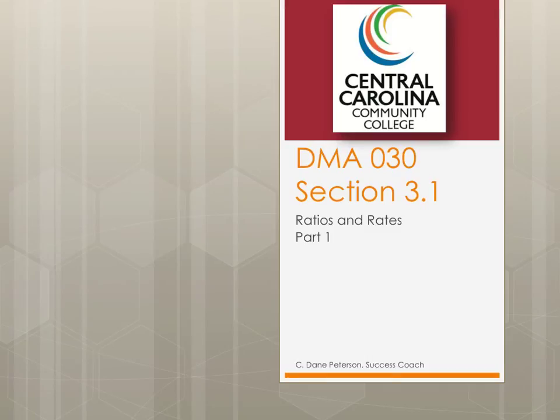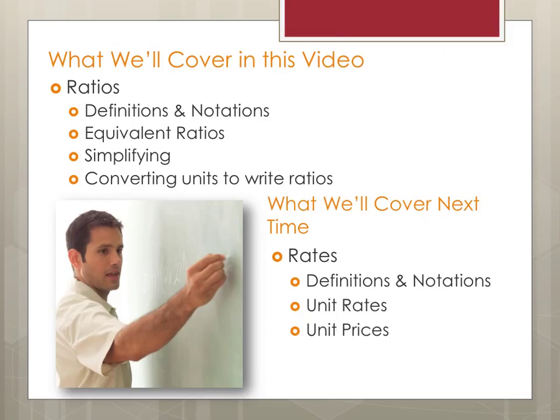This section of DMA focuses on rates, ratios, percents, proportions, and unit conversions. And today we're going to start our talk on section 3.1, rates and ratios. This first video is going to focus on ratios.